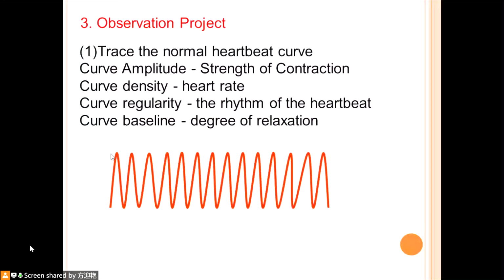We can see the height of the curve, which is also the amplitude. The amplitude means the strength of the contraction; if the amplitude is higher, the strength of the contraction is higher. The curve density means the heart rate.